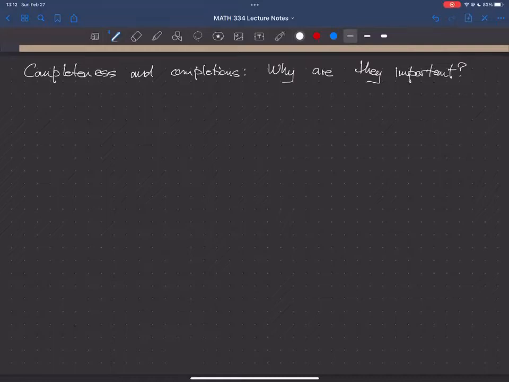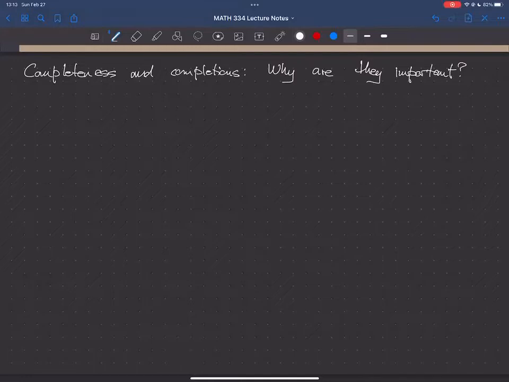And why is that? Well, there's a few reasons. One, just from a point of view of constructing mathematical theories that model reality, completeness is absolutely essential. And the reason for that is limits. If you're going to use any mathematical theory that makes use of limits, then you need completeness.